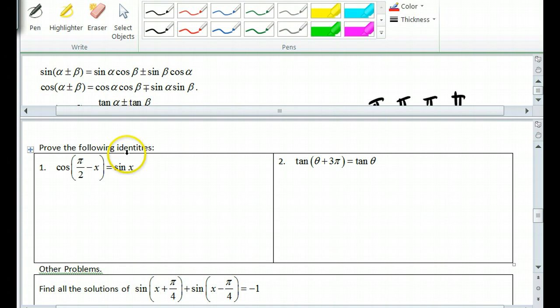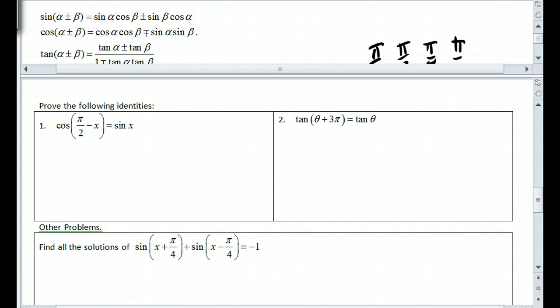Okay, continuing on, prove the following identities. If I want to prove the following identities, what I can do is just use these sum angle formulas or difference formulas and go ahead and plug and chug them. So here's the cosine and here's the minus. So if I take the cosine, I look at this formula right here, cosine, cosine. So I'm going to go cosine pi over 2, cosine of x.